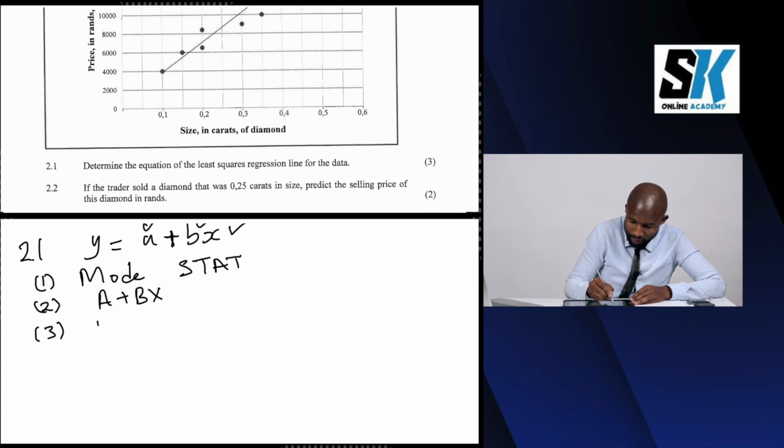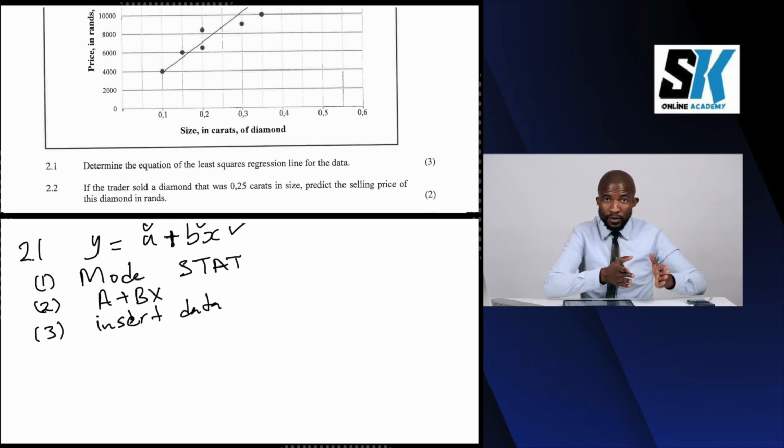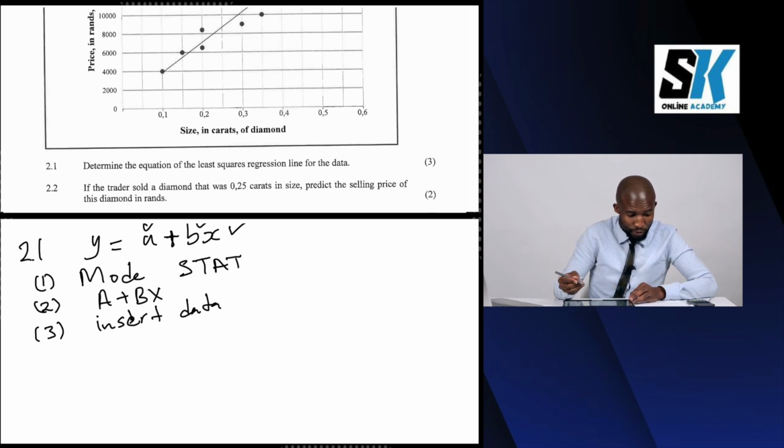So you're going to insert your data in the table. You put your x values on the x side, and then you put your y values on the y side. Every time when you do that on the table, you press equal after entering your data.